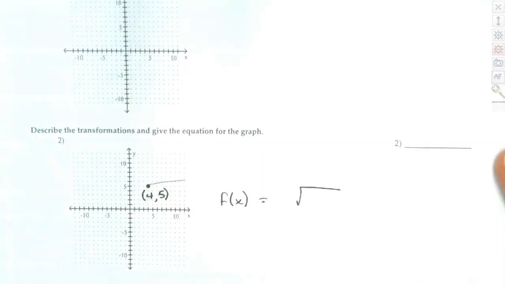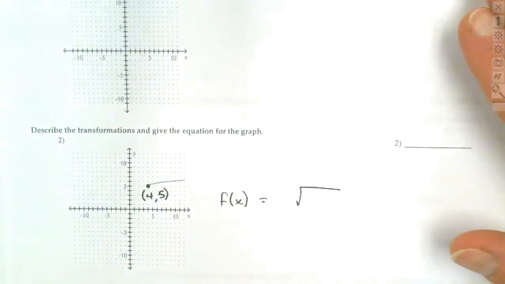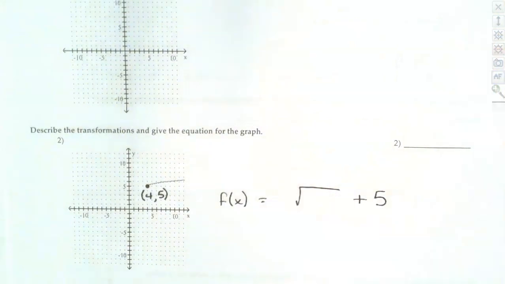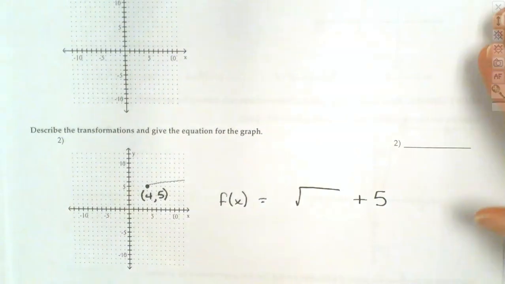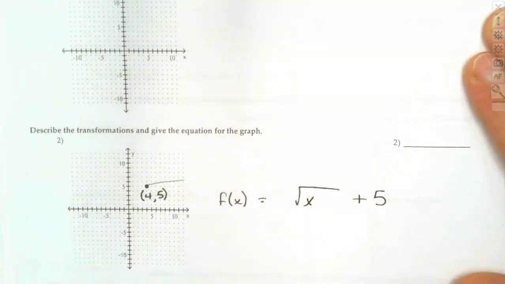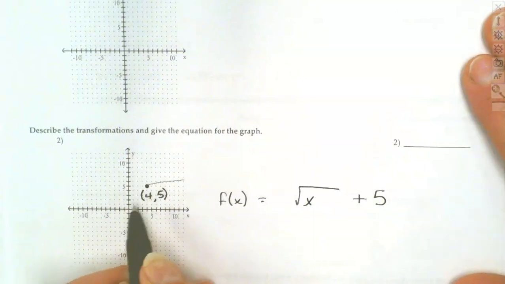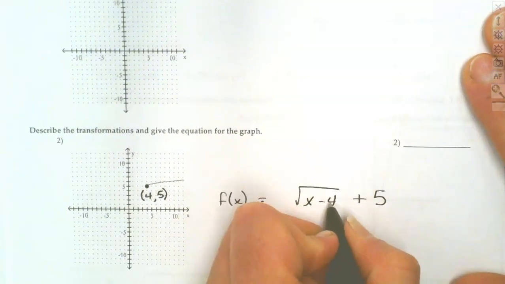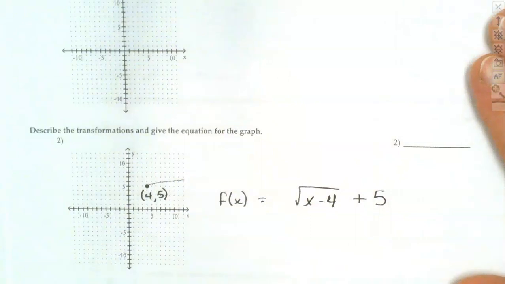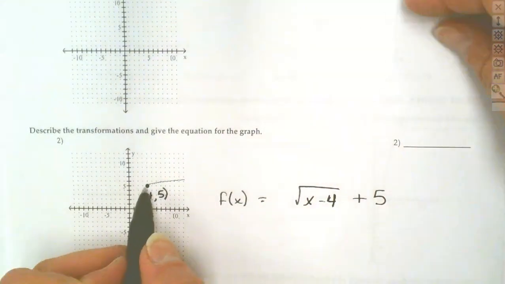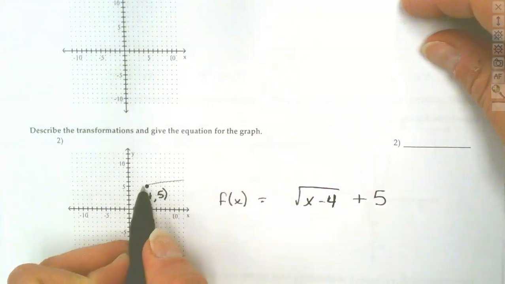Are you with me so far there? Okay, so on the end, what moves it up? The 5, because it's 5 units up. And then we have 4 units to the right, opposite of what we think. So it would be a minus 4 inside that, wouldn't it? And what's in front of here? It's not really up 1 over 1.